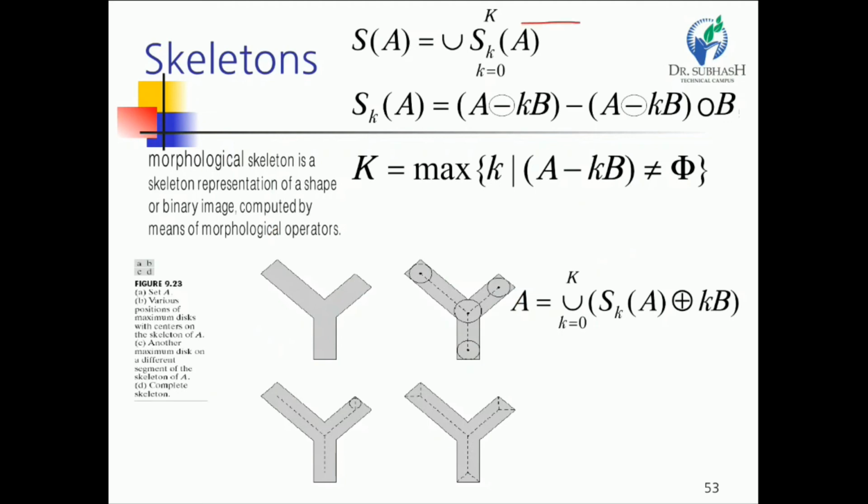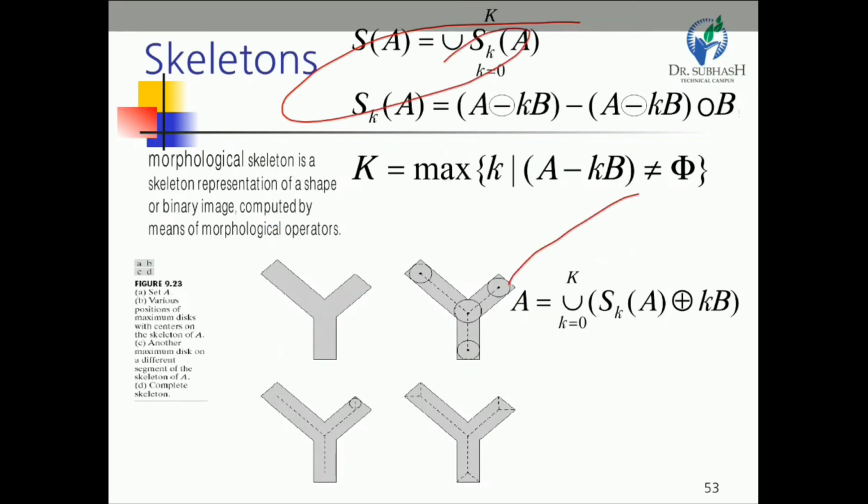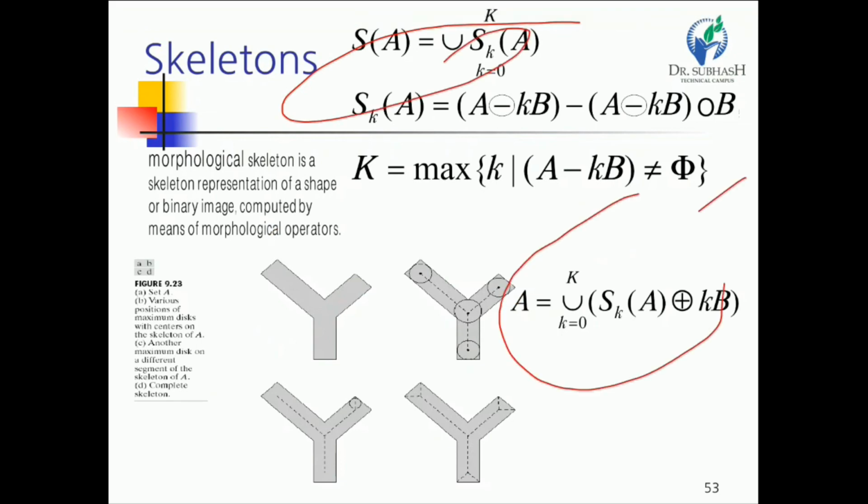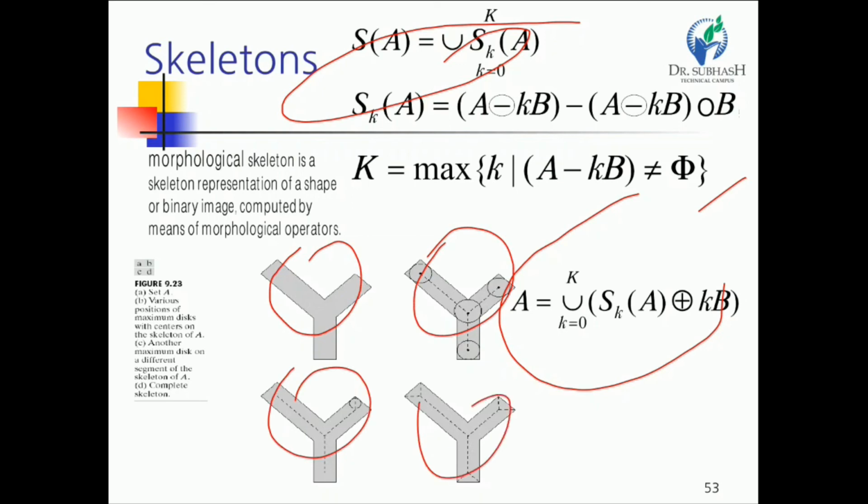This is the function of the skeleton, and we can simplify it, and finally we get the result of the skeleton functions. So in this figure, this is the set A that can be represented with the various sets B, and another one is D.